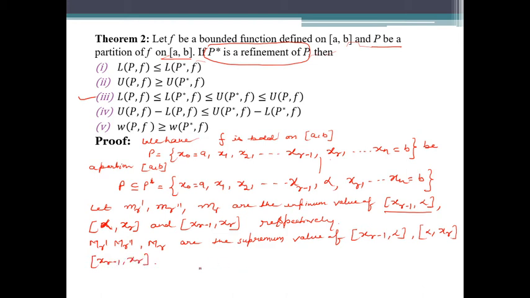Right? Now we will prove that the first inequality is true. Okay, so how we will prove this?